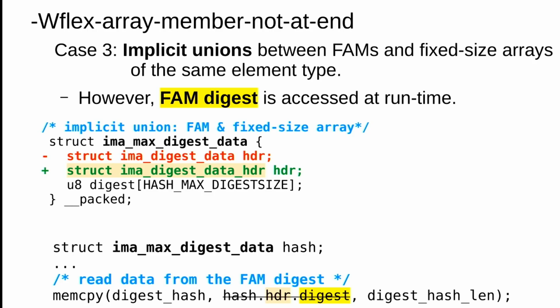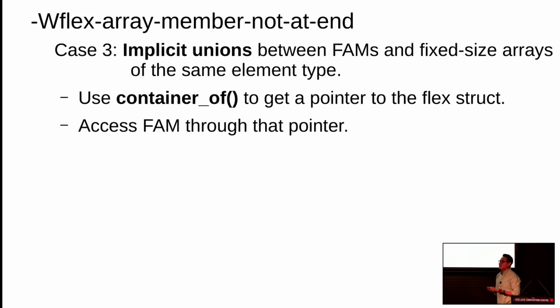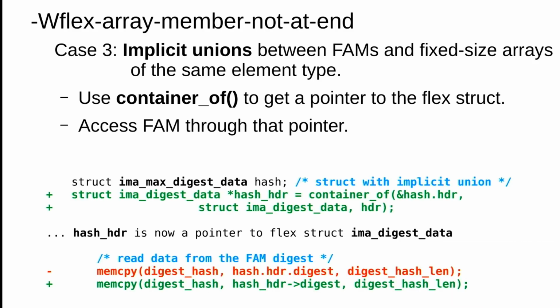One solution, and the solution we are using, is the container_of helper. Of course, you all know how this works, right? But as a reminder, I have a conflict with the sequence of the parameters of container_of.